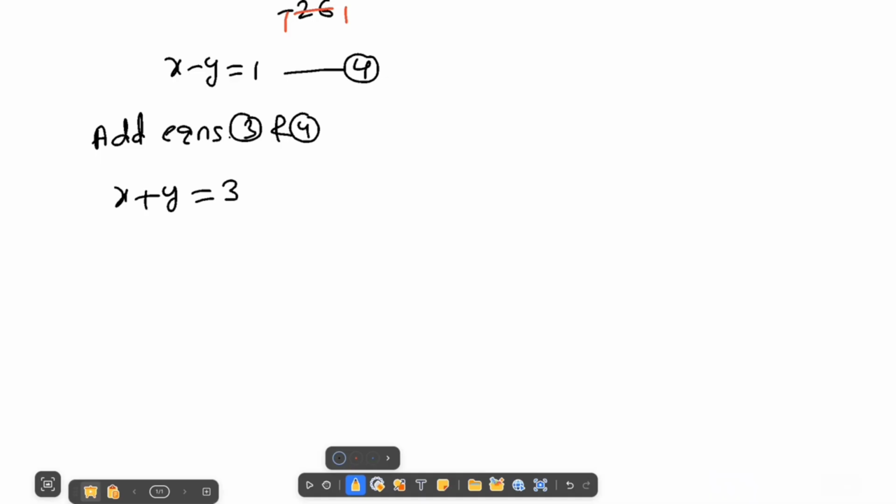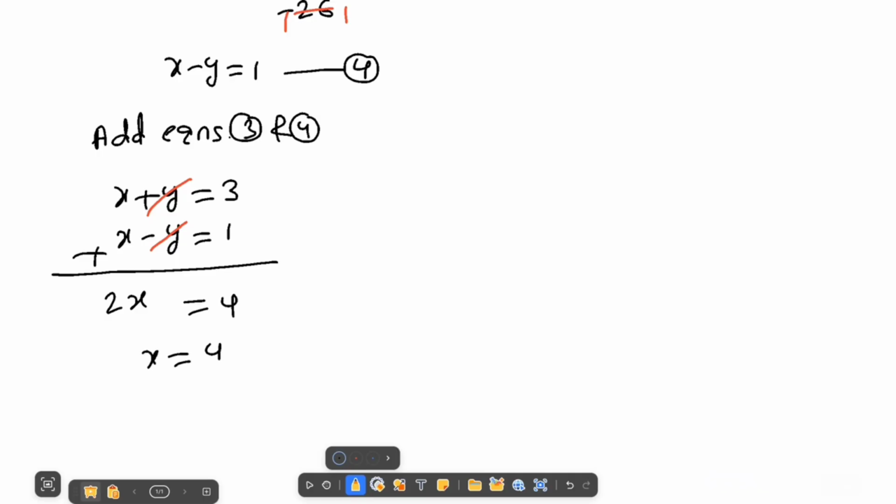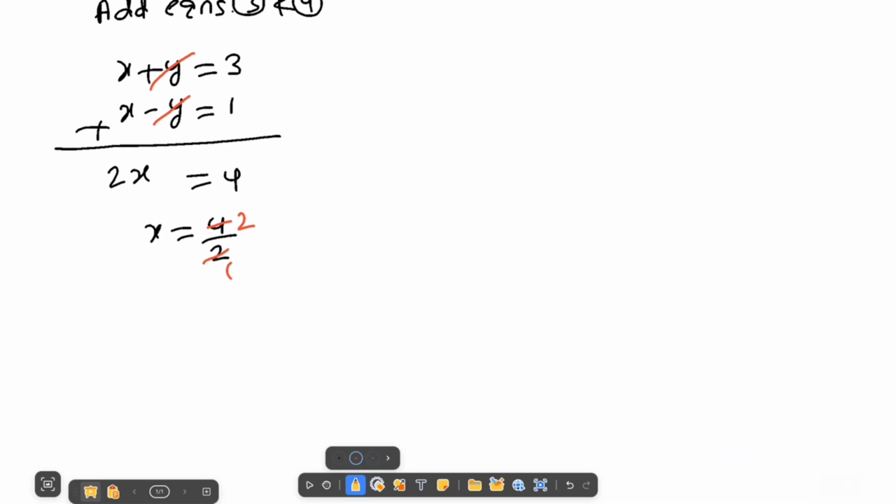Under that write equation 4, x minus y is equal to 1. Now add: x plus x is 2x, and plus y minus y gets cancelled. It will be equal to 3 plus 1, 4. Now send 2 to the right side, so x is equal to 4 by 2. 2 ones are 2, 2 twos are 4. Now what will be the x value? The x value will be equal to 2.